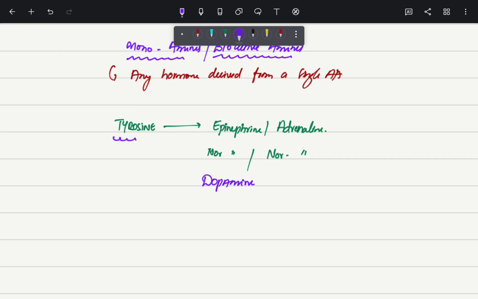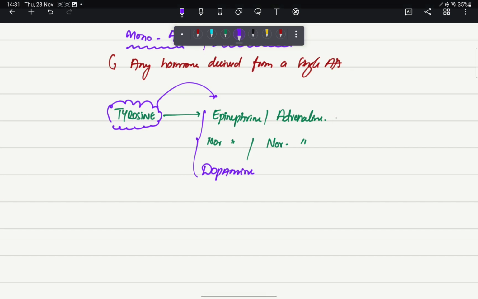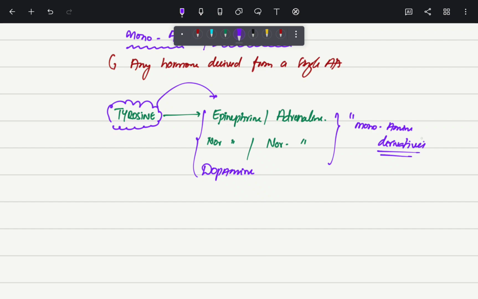So tyrosine is a single amino acid. Okay, from this single amino acid we can synthesize nearly three hormones. So these hormones are called your monoamine derivatives, since they are synthesized from a single amino acid.